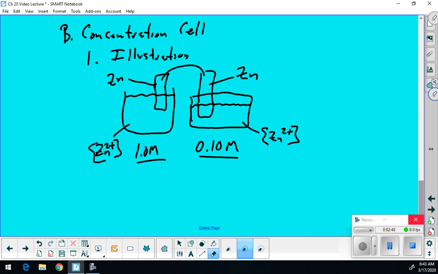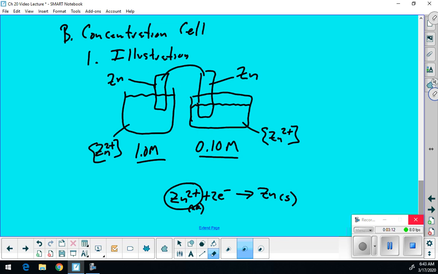So now here's my question. If I have zinc reducing, what happens to my concentration of zinc when zinc reduces? My concentration is going to go up or down. Well, this is aqueous, right?